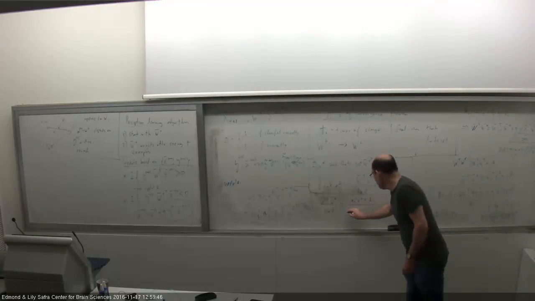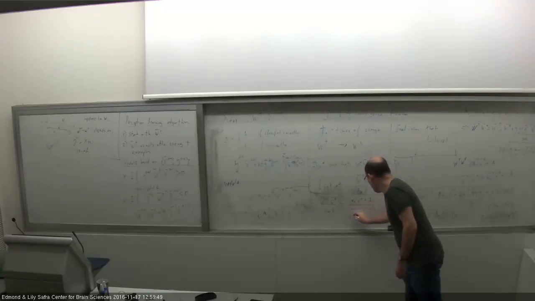The square root of this thing is the square root of W0 squared plus B times i.